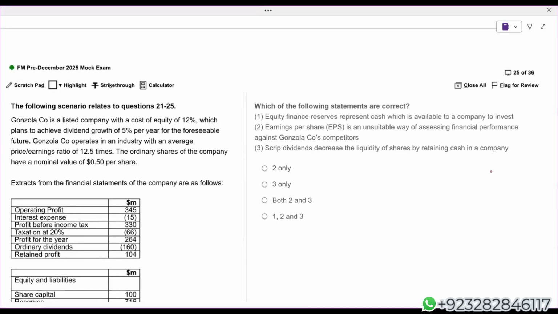Which of the following statements are correct? Equity finance reserves represent cash which is available to a company to invest.